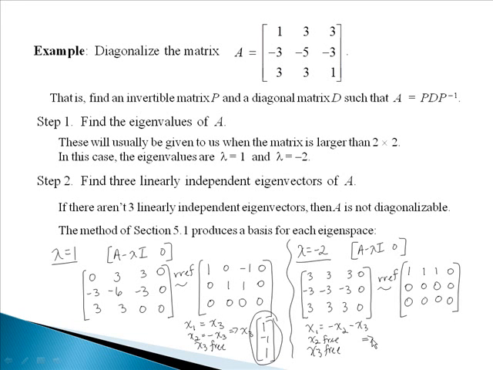So we're going to have 2 eigenvectors here. We have x2 times -1, 1, 0, plus then x3 times -1, 0, 1. So then now these 2 vectors are going to be our other 2 eigenvectors. And it's easy to check then that those 3 vectors are a linearly independent set.